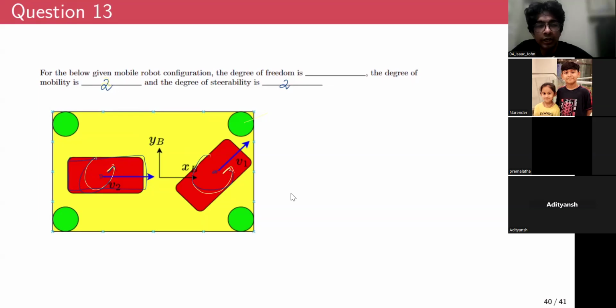Like how many variables do you need to fix its position? 3. Yeah, exactly. Because whatever be the configuration of the mobile robot, whatever be the number of wheels, for wheeled mobile robots, the degree of freedom is always going to be 3. But its motion capabilities can vary, but it can only have 3 degrees of freedom.